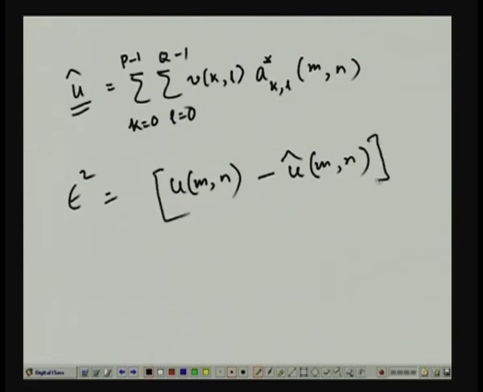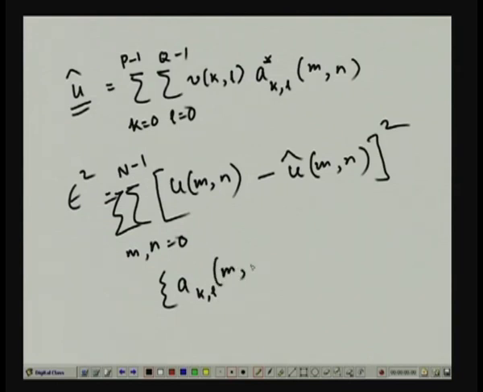And it can be shown that this error will be minimized if our set of basis images, that is A k l m n, is complete.